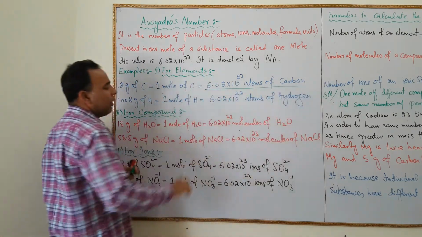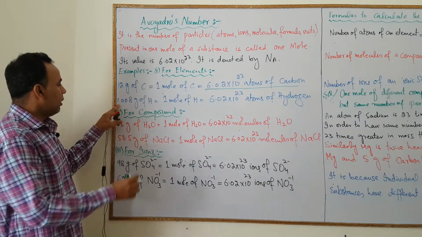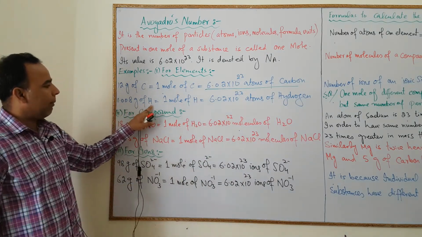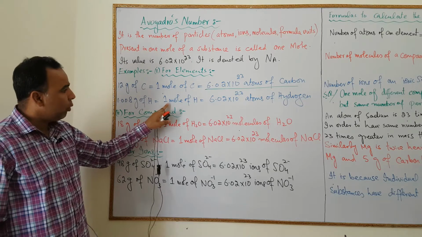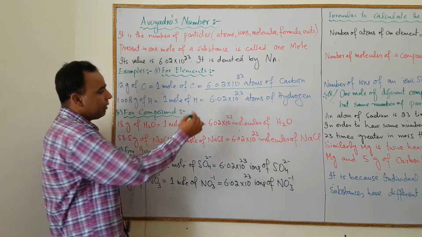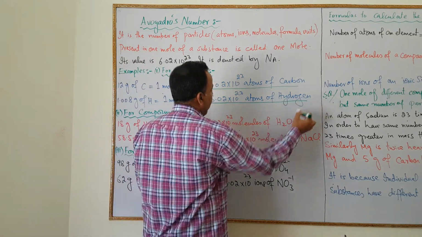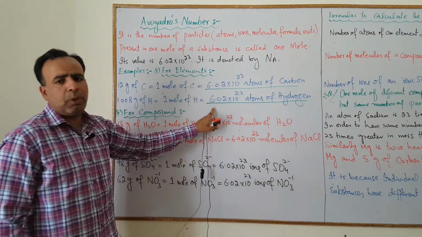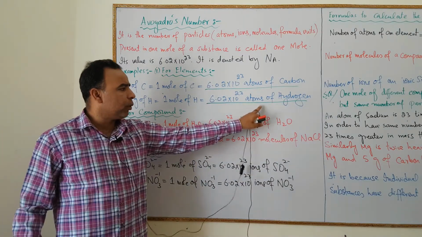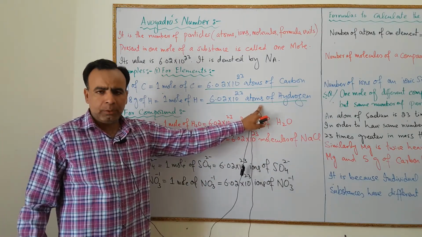So it is a huge number. Now 1.008 gram of hydrogen is equal to 1 mole of hydrogen, and its value is equal to Avogadro's number, that is 6.02 × 10^23 atoms of hydrogen.